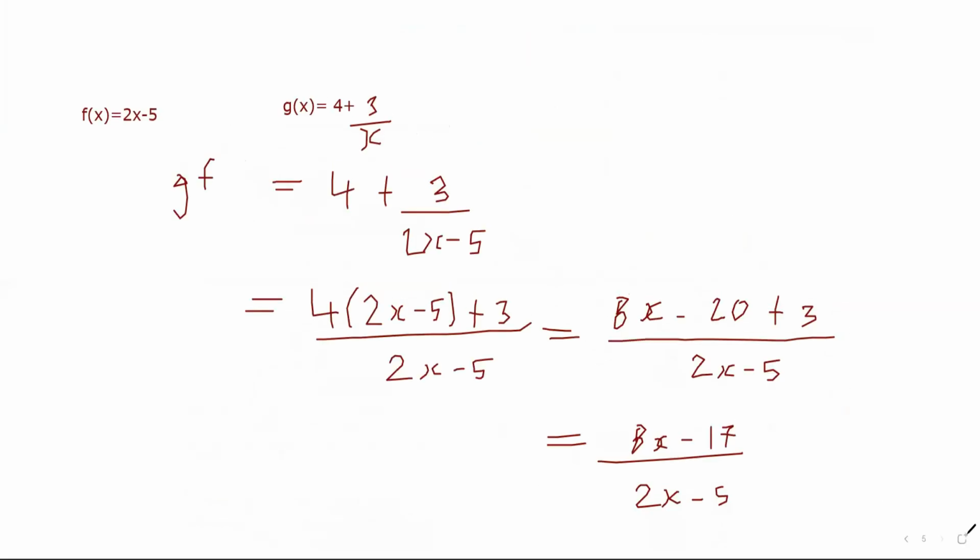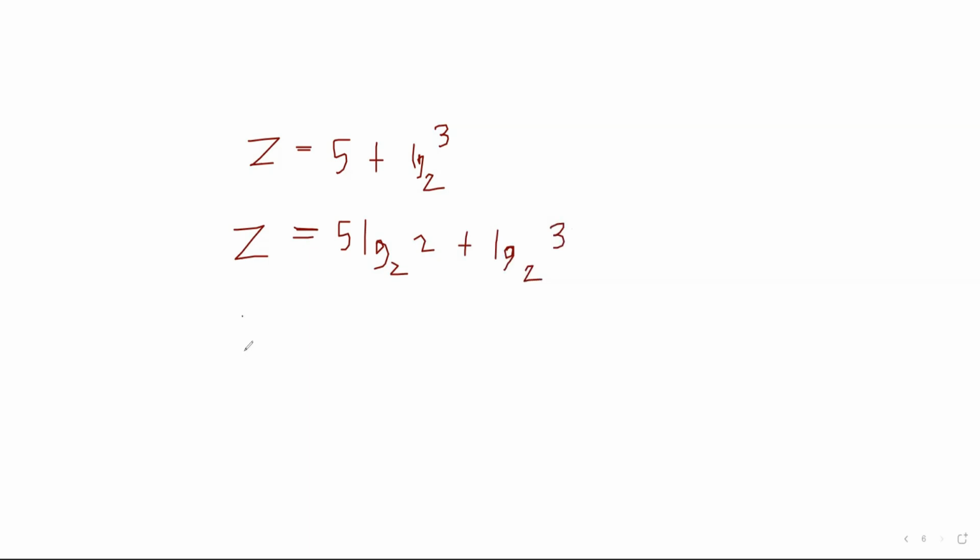So they gave us that z is equal to 5 plus log to base 2 of 3. And then now what you can do is write it as 1 log.